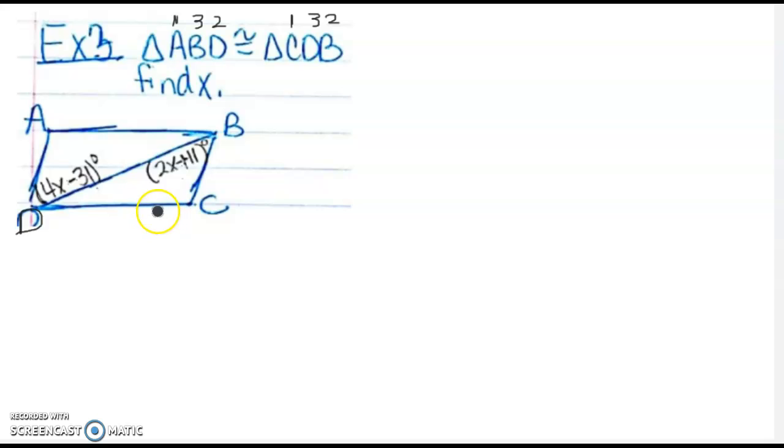Okay, so if they correspond, then that means they're congruent. So 4x minus 31 would equal 2x plus 11. And that's because they are corresponding angles. They are the same angle in both triangles. So then I just solve for x.